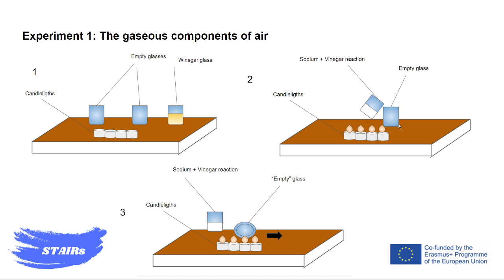It will seem that the glass remains empty but it will be full of carbon dioxide. Then you have to move the empty glass near the candlelight, and it will substitute the oxygen with the carbon dioxide, so the candlelight will be turned off.